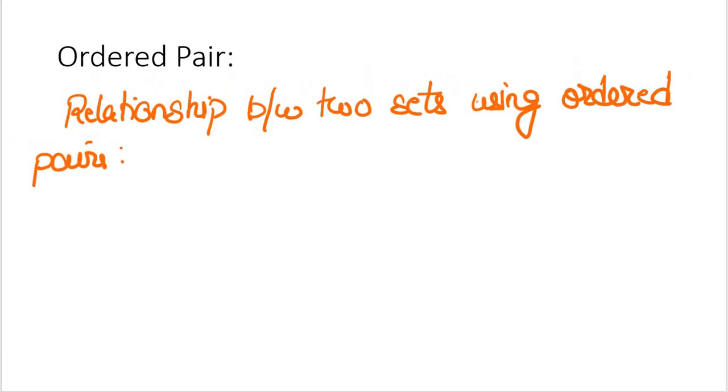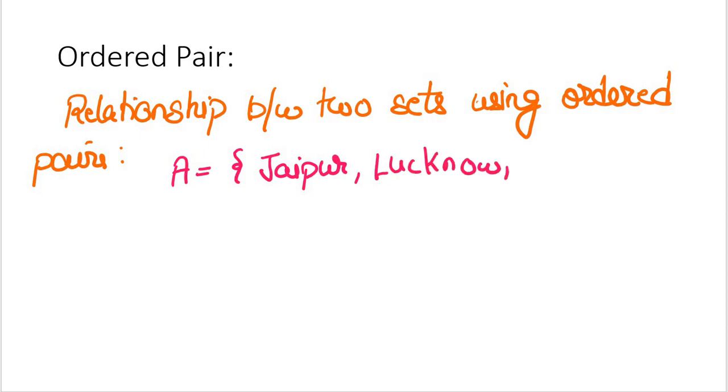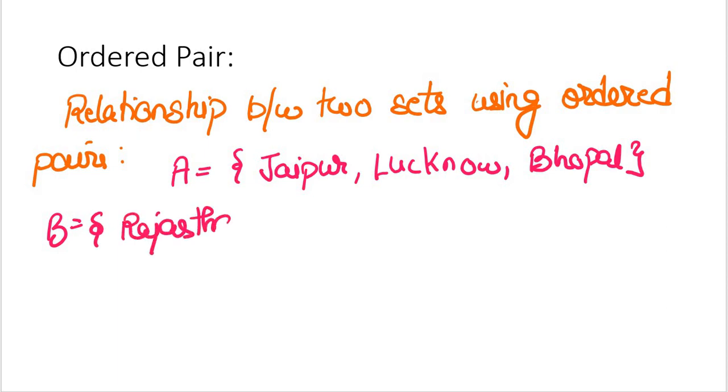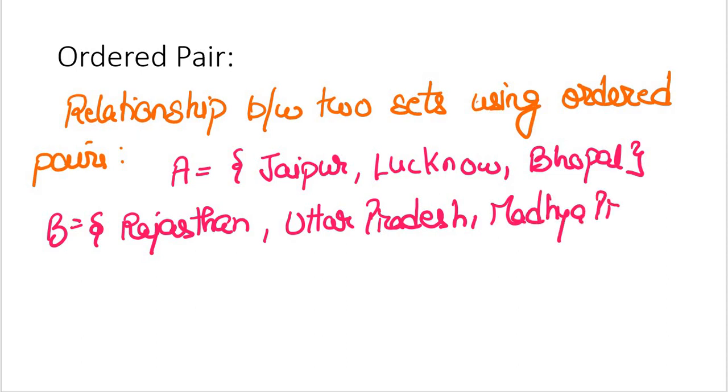let's take some examples. So let's say I have a set A where the elements are Jaipur, Lucknow, and let's say Bhopal. And on the other hand, I have another set B, which is, let's say, Rajasthan, and another element, which is, let's say, Uttar Pradesh, and another one which is, let's say, Madhya Pradesh.